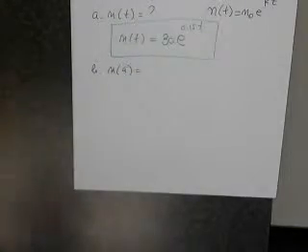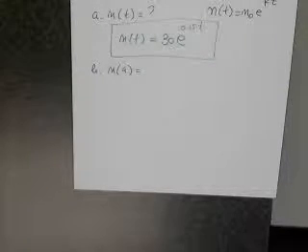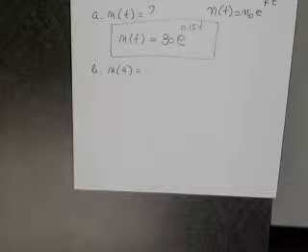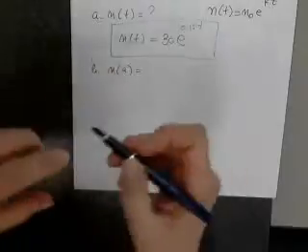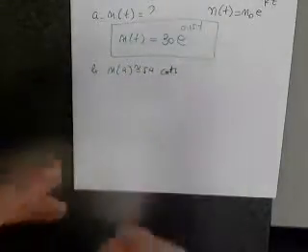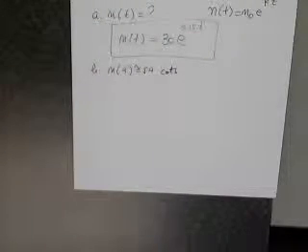So I punch it in. 30 times e raised to, I'm sorry, 0.15 times 4. 54 cats. Although you can say, why don't you round it up? I can't.